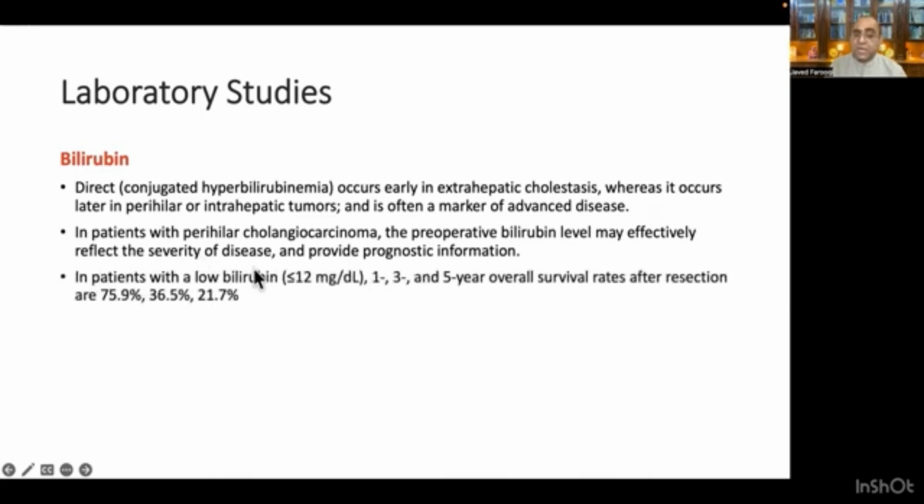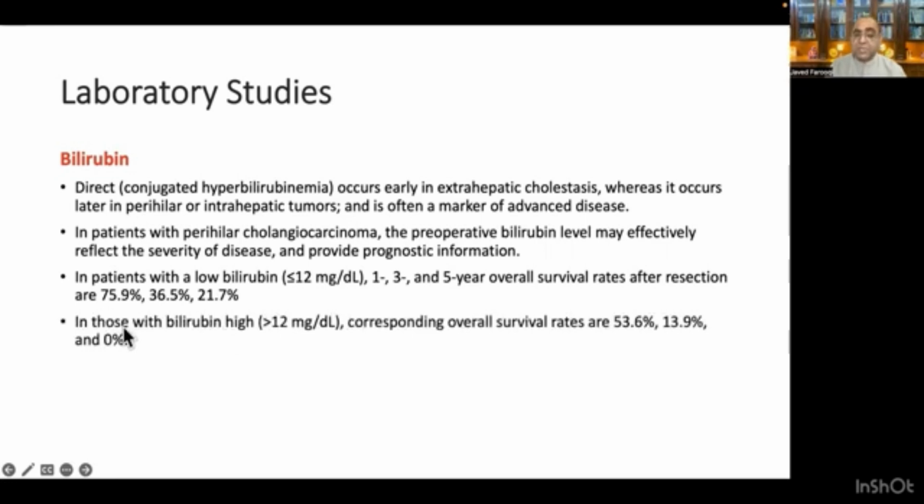In patients with a low bilirubin, which means less than 12 mg per deciliter, 1, 3, and 5-year overall survival rates after resection are by and large 76%, 36%, and 22%. In those patients with bilirubin high, that is more than 12 mg per deciliter, corresponding overall survival rates at 1, 3, and 5 years are 54%, 14%, and 0%.